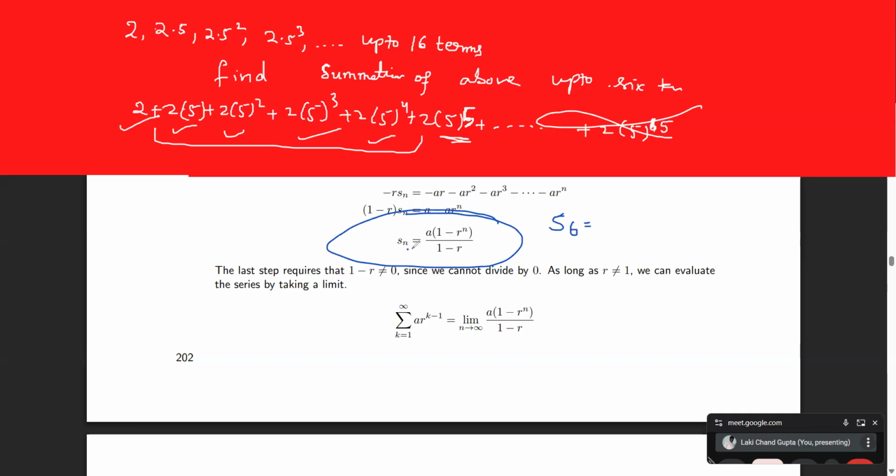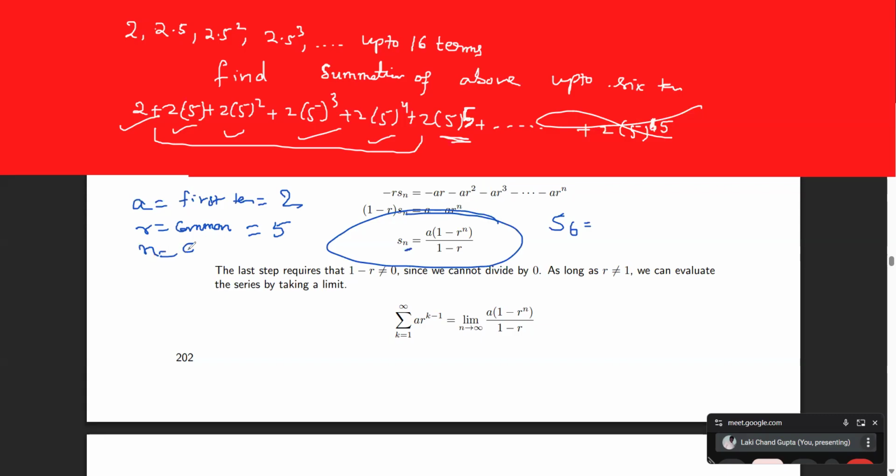If n is 6, n means number of terms. A is first term. R is common ratio. Common ratio means what you are multiplying in common. So here you can say A is 2, R is 5, because 5 is multiplied in each term, right?